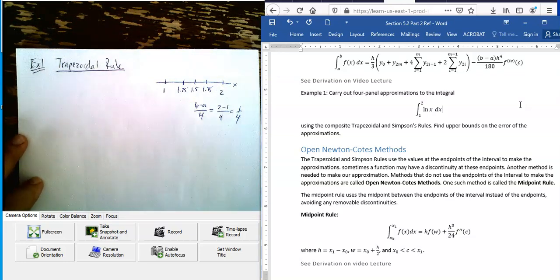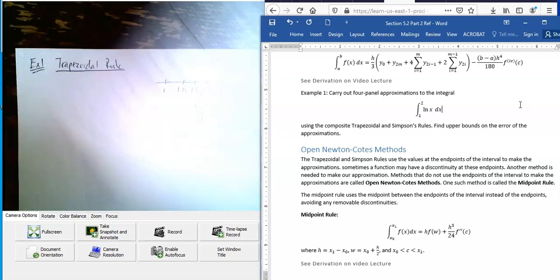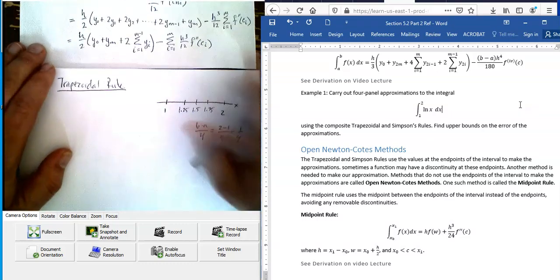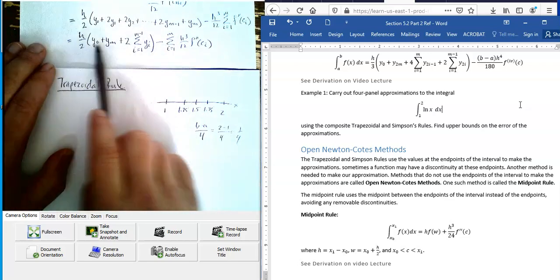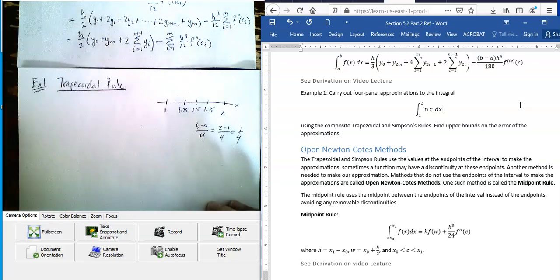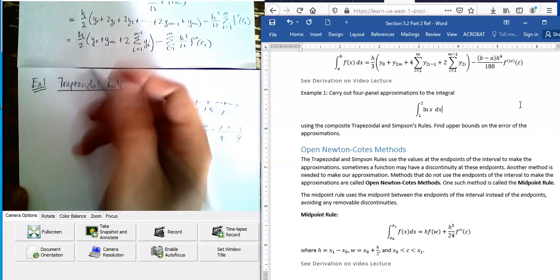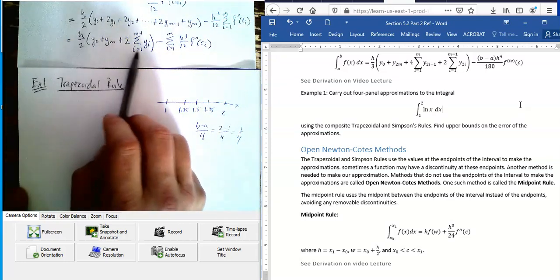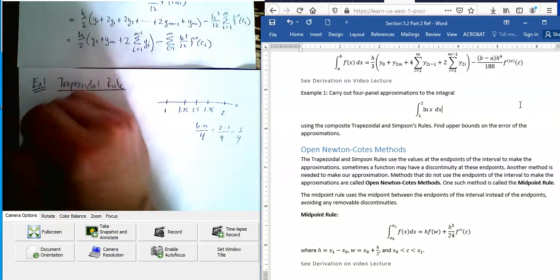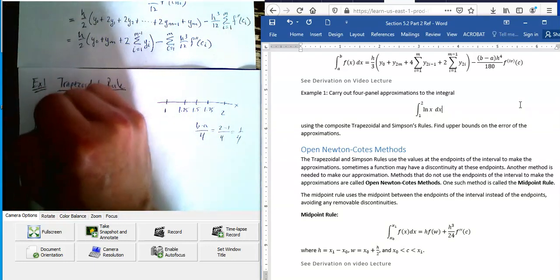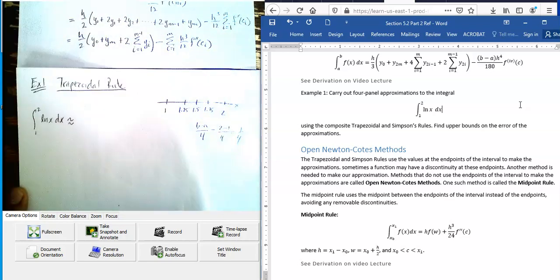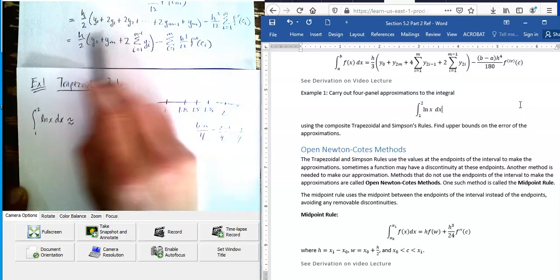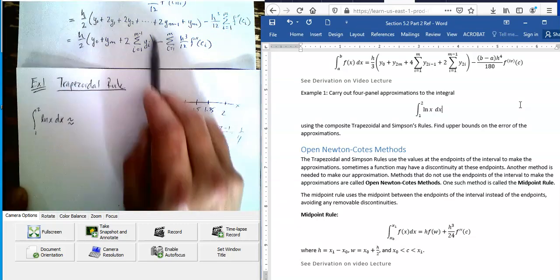So let's think back to our trapezoidal rule. It's above here. Here's our formula for the composite trapezoid rule. So we know that the integral from 1 to 2 of the natural log of x dx can be approximated by this portion of our formula here.